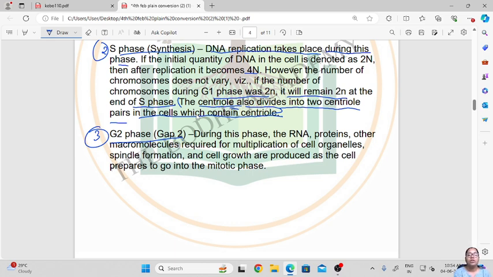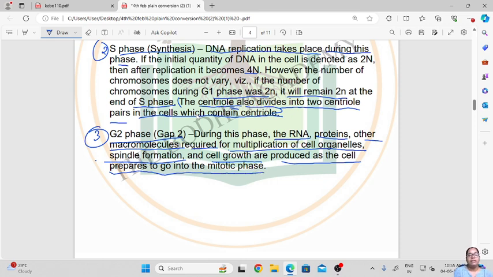2 phase. During this phase the RNA, proteins and other macromolecules required for multiplication of the cell organelles and spindle formation and cell growth are produced, and this also prepares the cell to undergo mitotic phase.